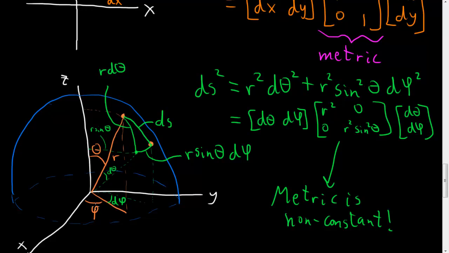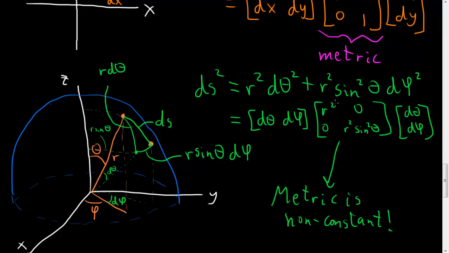To change phi by 90 degrees, you have to go the radius of the Earth times 90 divided by 360, so you have to go 1/4 of the way around, 2 pi r. That's a quarter of the entire circumference of the Earth, so that's pi over 2 r.